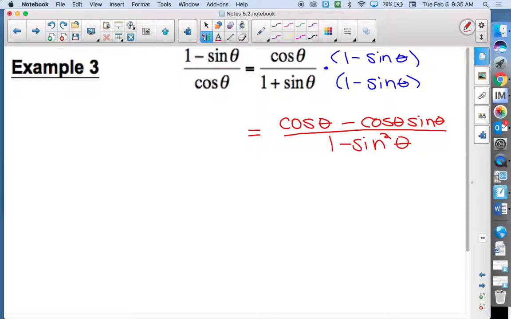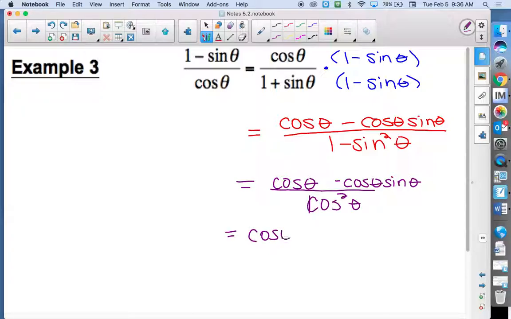So we've done a good number of problems that involve the conjugate. Really easy method to use, algebraic process. And then Jesse, 1 minus sine squared turns into? That turns into cosine squared on the bottom. So then you can take a cosine out of everything, the numerator and the denominator, so that's 1 minus sine over cosine.